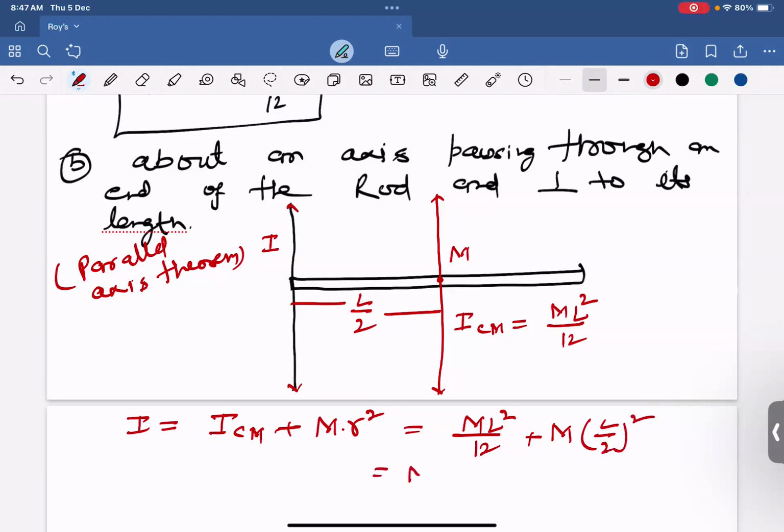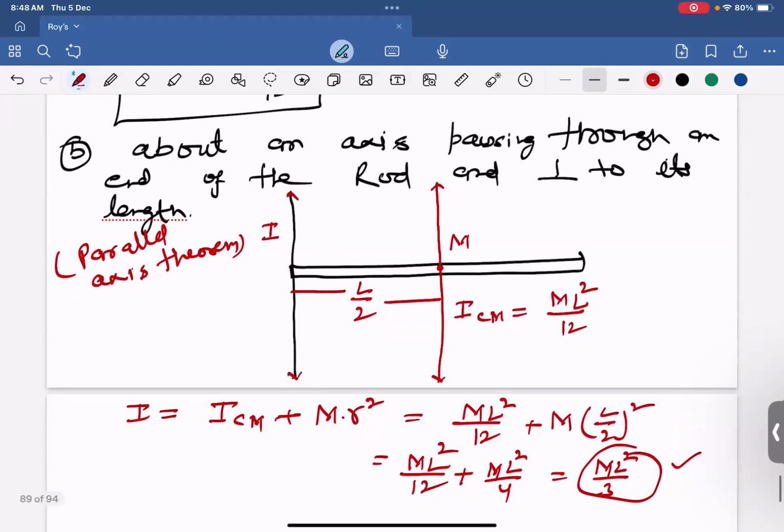So it is ML squared by 12 plus ML squared by 4. If you add these two, you get ML squared by 3. That means the moment of inertia about any axis passing through one end of the rod, you can write as ML squared by 3.